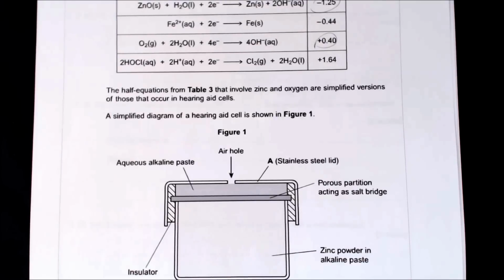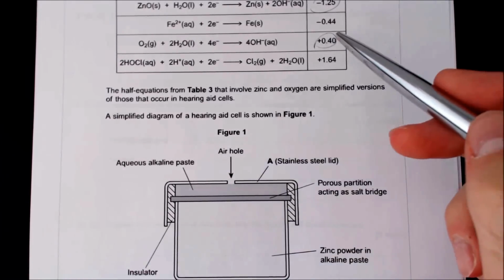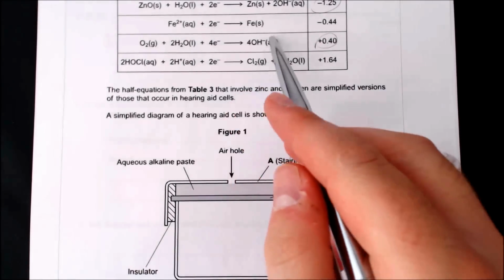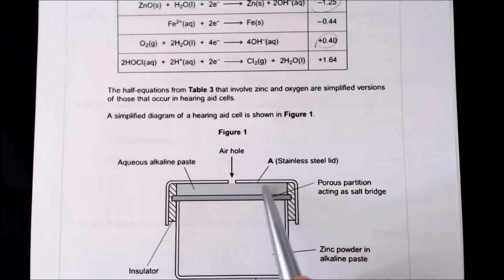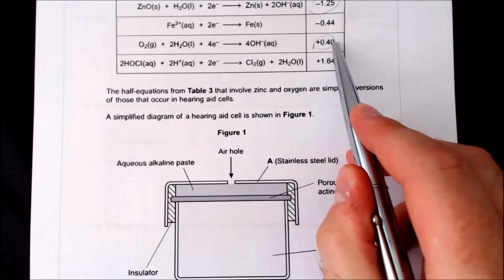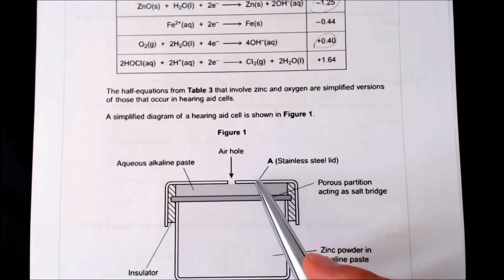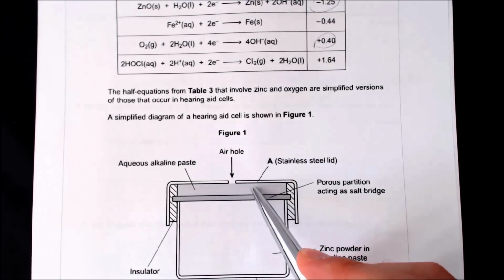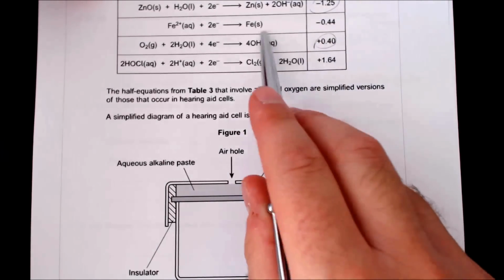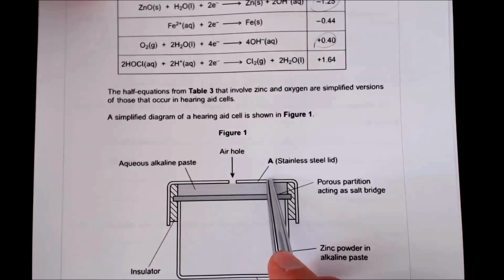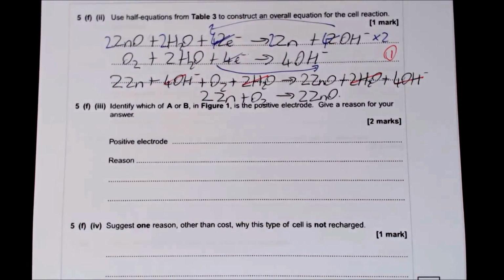Looking on here, we're looking for hydroxide. There's the aqueous alkaline paste. That is the most positive E0. So therefore A would have to be the positive electrode, because that contains the hydroxide and is attached to A.